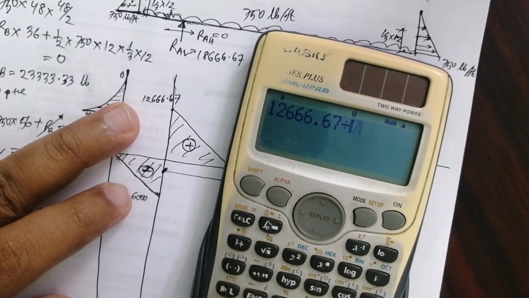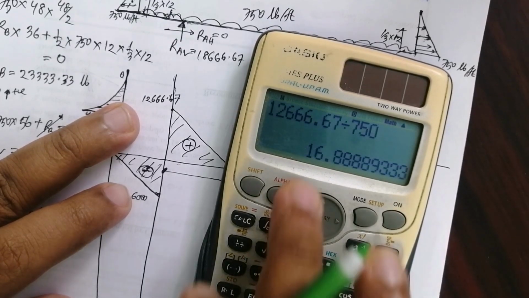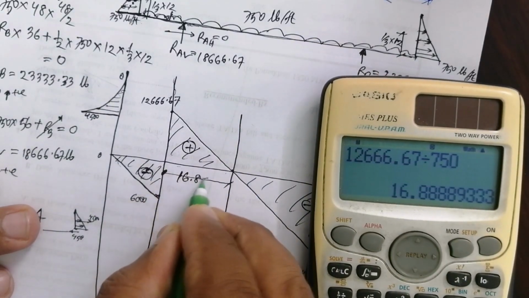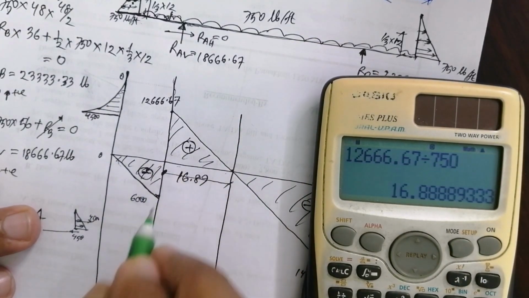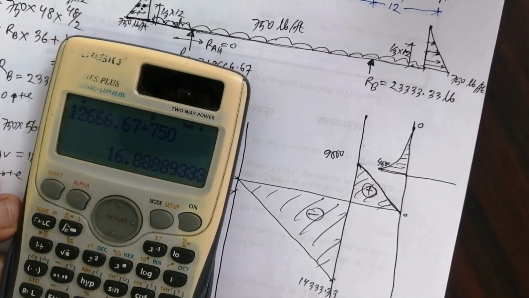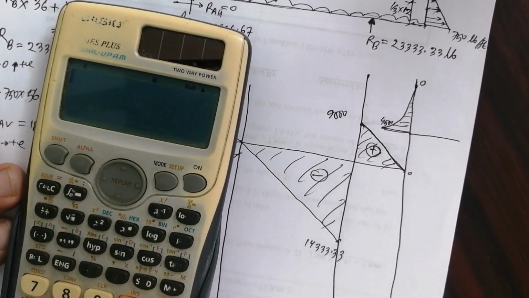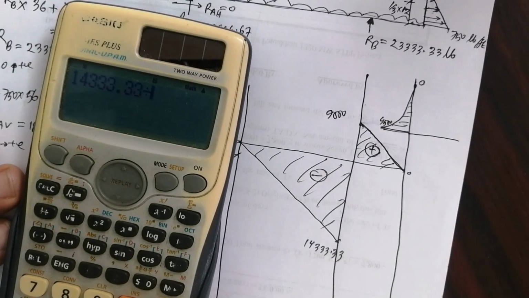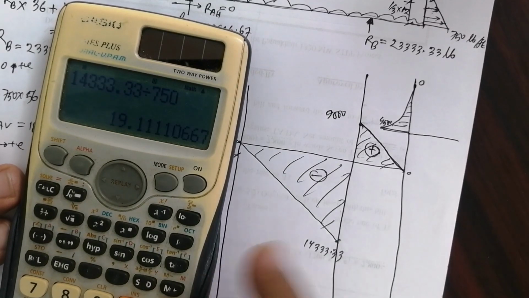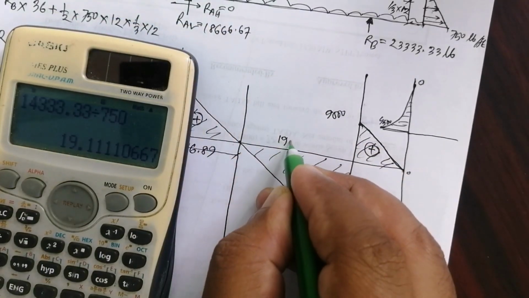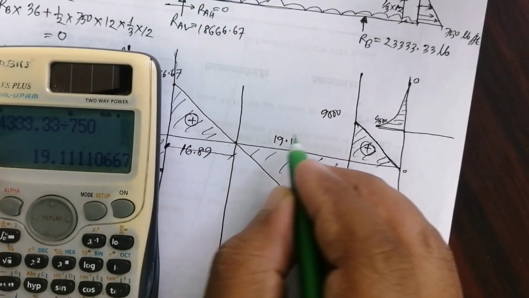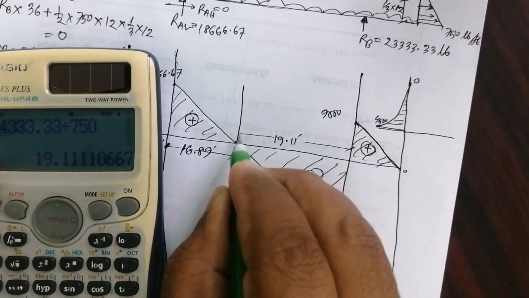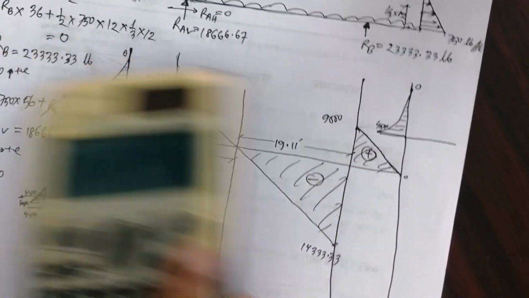12666.67 divided by distributed load 750, 16.89 feet, and then for this 14333.33 divided by 750, this is 19.11 feet distance.